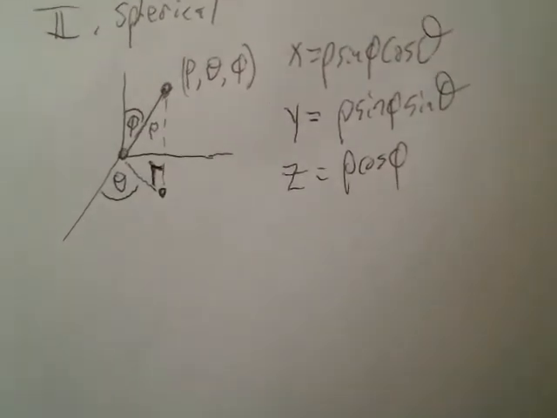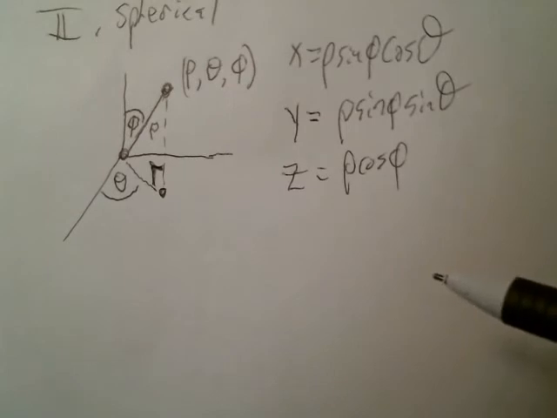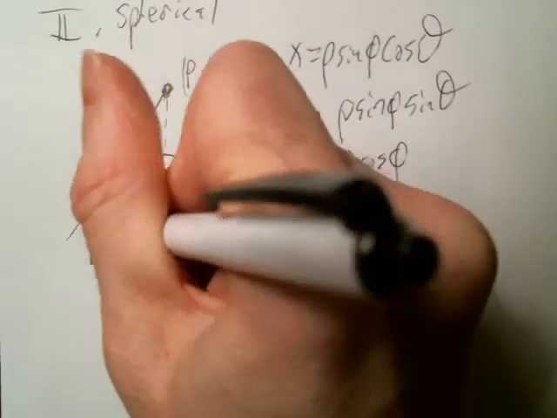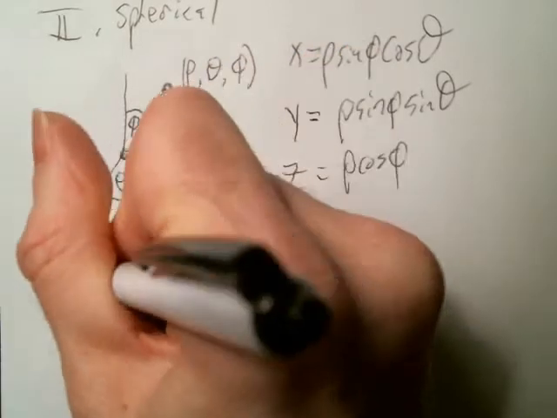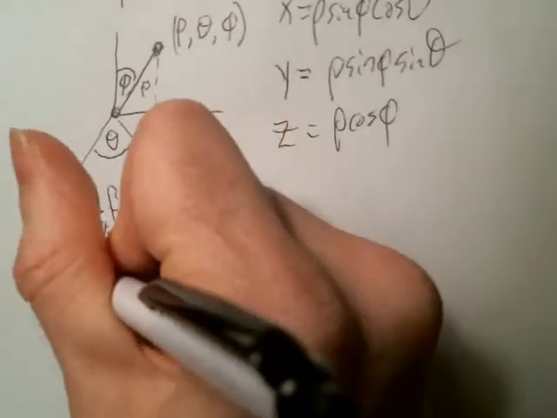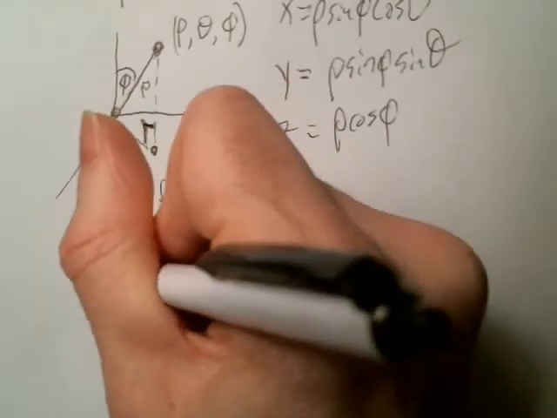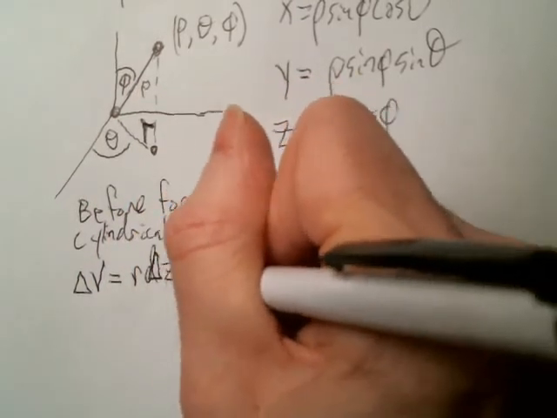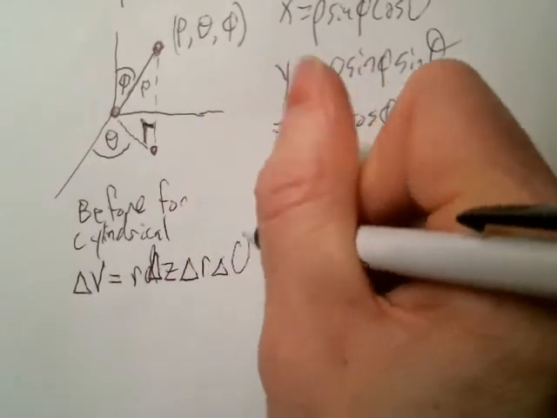And in order to adjust the integral with your u substitution, or in this case, spherical substitution, the factor before in the cylindrical was r, right? So we had to replace it with r dz dr d theta. So for cylindrical, you would have to replace your delta v with r delta z, delta r, delta theta.